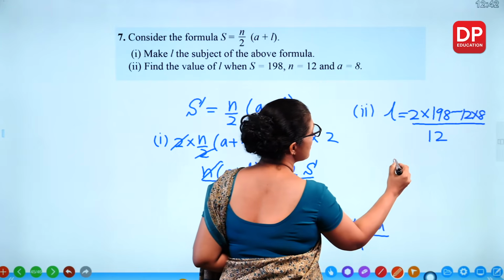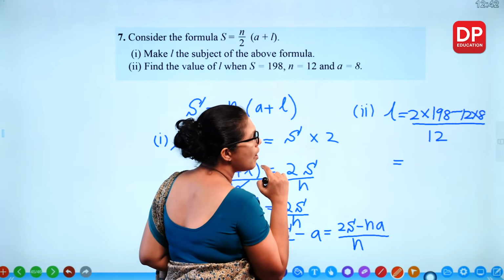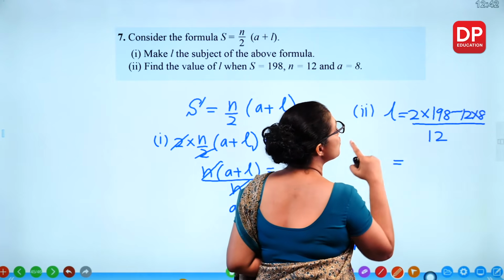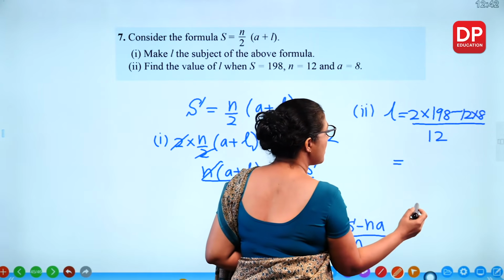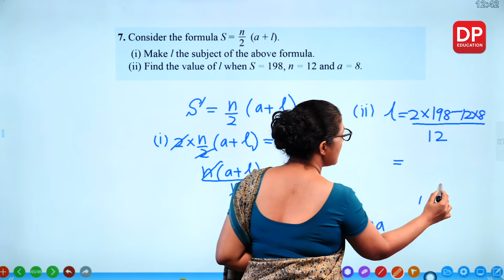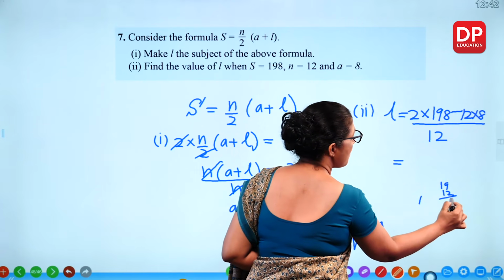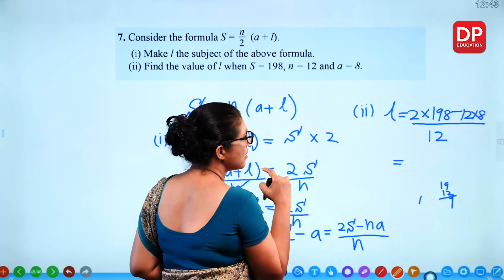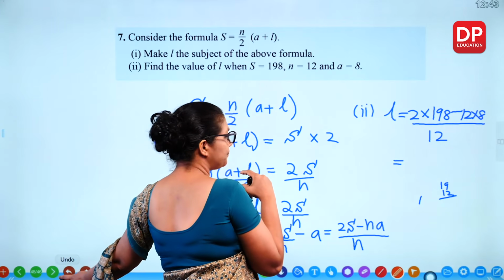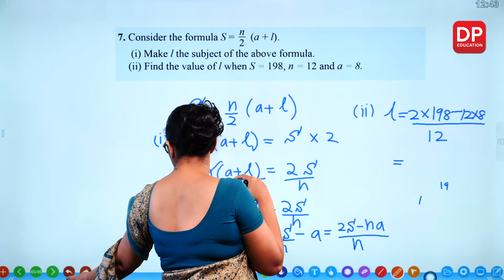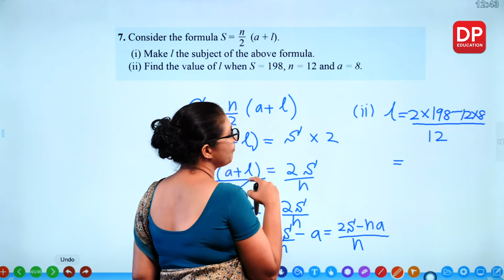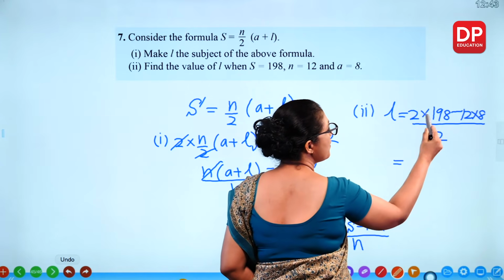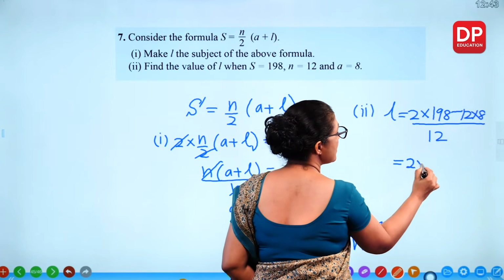So we'll first take the common term out and simplify. Can we take 12 out from here? 12 times 1, 12. 19 minus 12, you get 78. So that's not divisible. We'll take 6 from here.